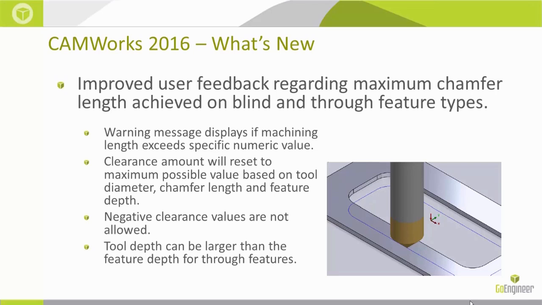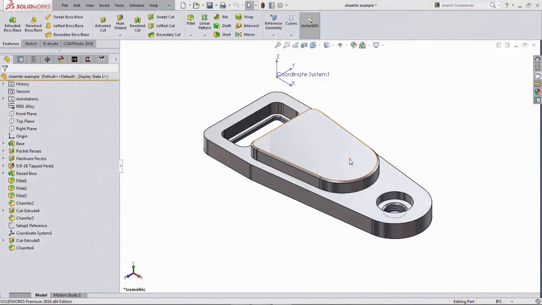Next, let's take a look at our SolidWorks model and some programming examples using CAMWorks. Over in our SolidWorks model, you can see that I've already assigned a work coordinate system.